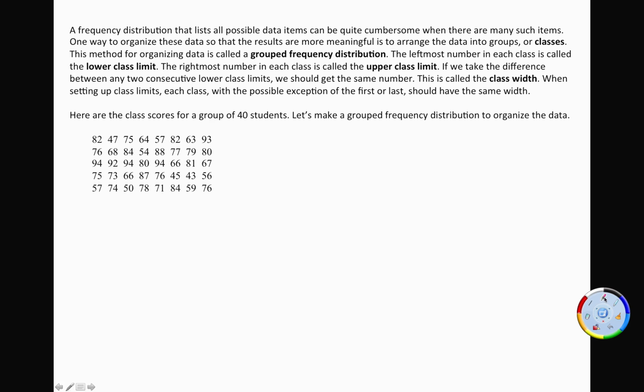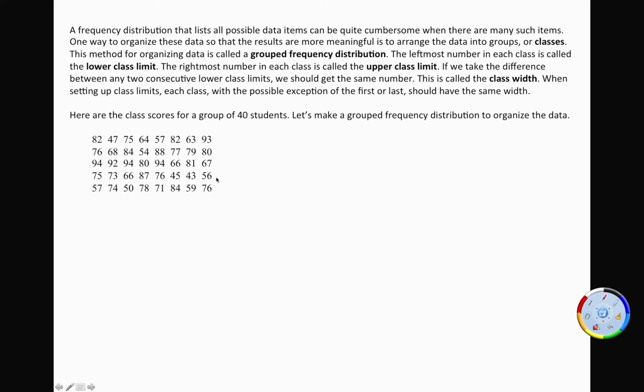Okay, let's look at that some more. A frequency distribution that lists all possible data items can be quite cumbersome when there are many such items. Look at this: 1, 2, 3, 4, 5, 1, 2, 3, 4, 5, 6, 7, 8.